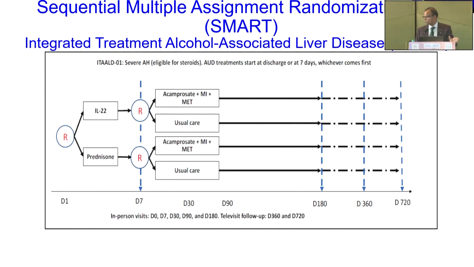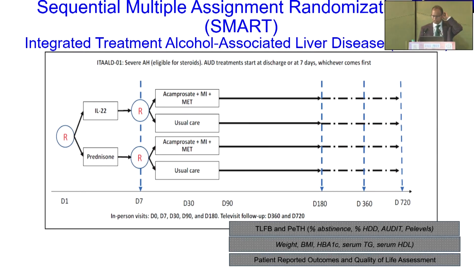And right before discharge, so we're not waiting for these patients to go 1 month, 2 months, or 3 months, right before discharge of that hospitalization, these patients will be open-label randomized to either motivational interviewing, motivational therapy, and acamprosate, versus SBIRT, which is the standard of care: screening, brief intervention, referral to treatment. Then we investigate them for liver outcomes, alcohol outcomes, and some of the metabolic and patient-reported outcomes at 1 year. So this is the next 3 or 4 years.